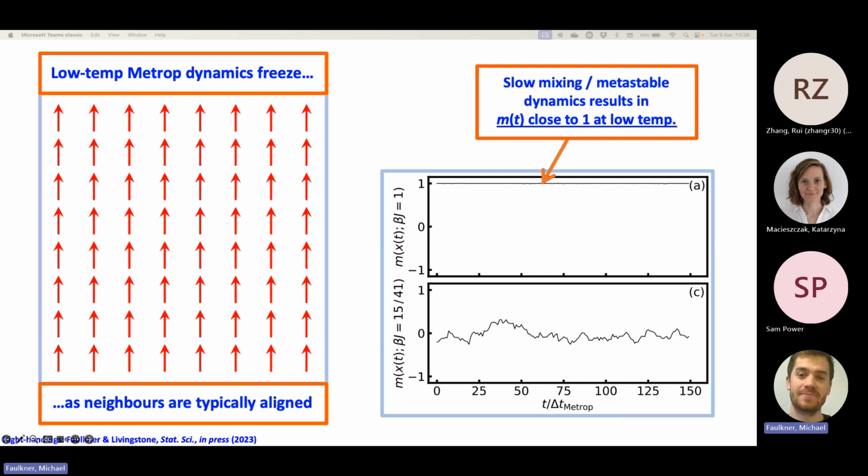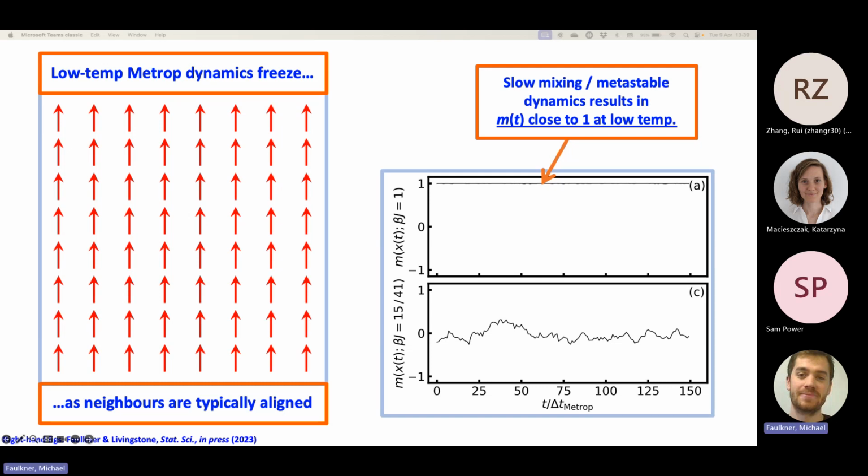Just quickly, delta T metrop, the Metropolis time step, is defined as the elapsed simulation time between N attempted particle moves. At high temperature, the system mixes symmetrically around m equals 0, so the Metropolis dynamics work. At low temperature, the system chooses m equals +1, and it stays close to this state throughout the entire simulation. So it's not working, basically, from a Bayesian point of view. And the key point is that it could equally have chosen m equals -1 and then stayed stuck in that state.